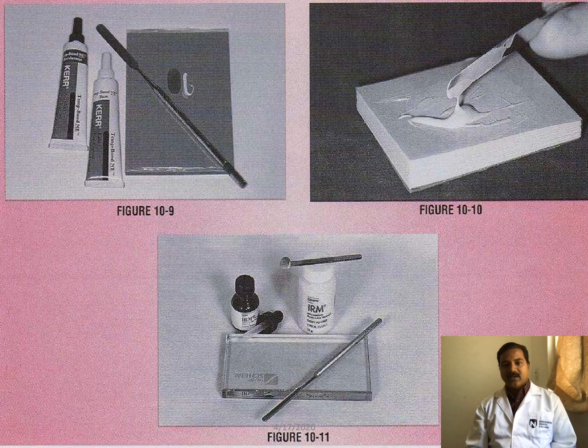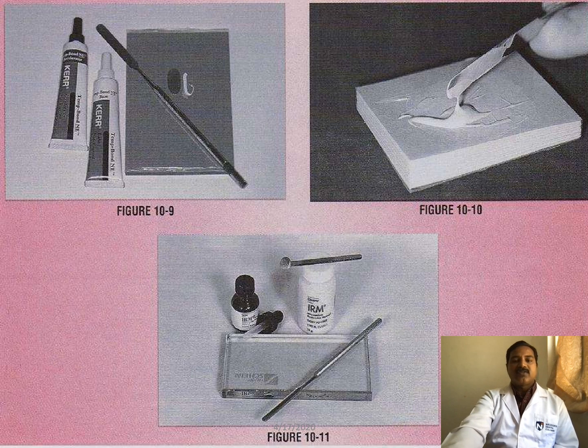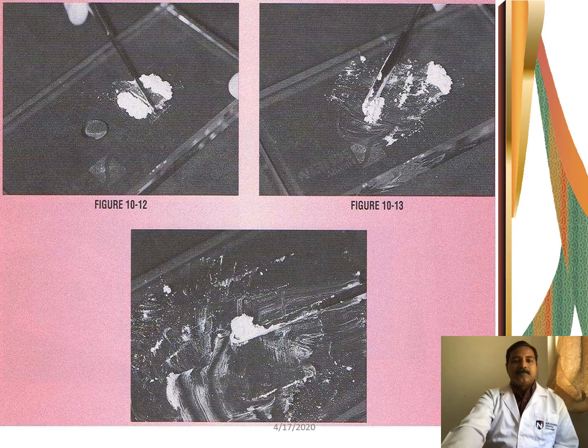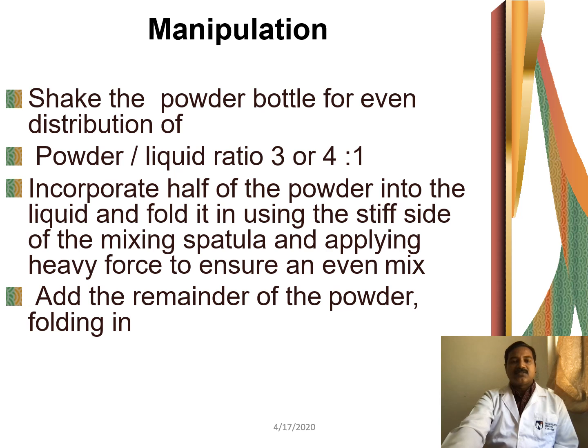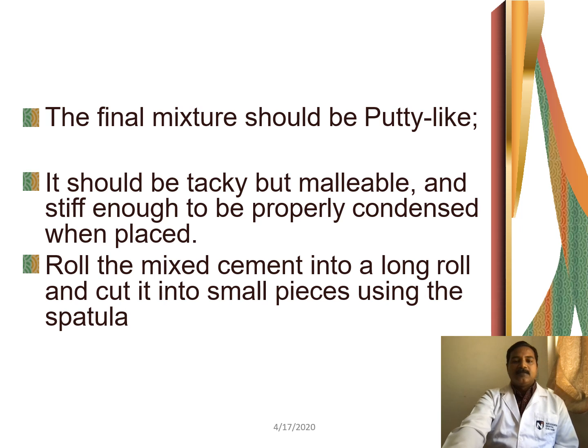Use the broad area of the spatula and mix it to achieve a uniform consistency. In two increments you use the powder and liquid. The powder liquid ratio that is used is 3 or 4:1, so 3 parts of powder to 1 part of liquid. This is how the powder is mixed.